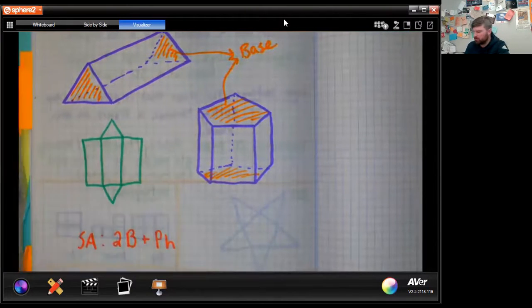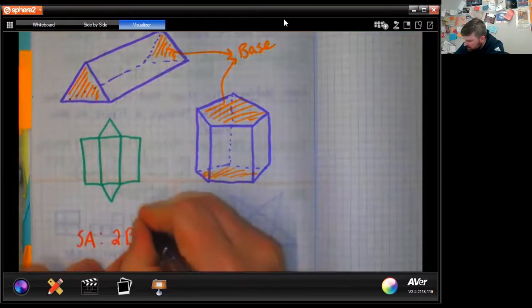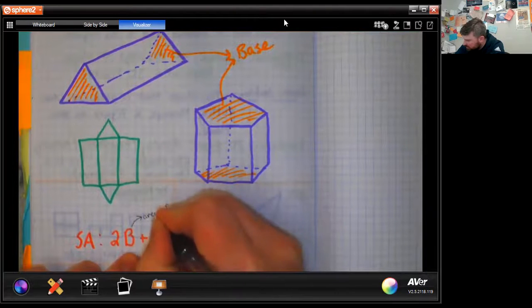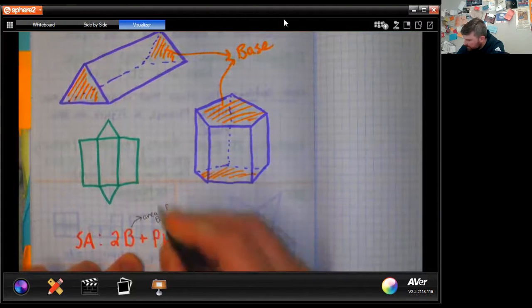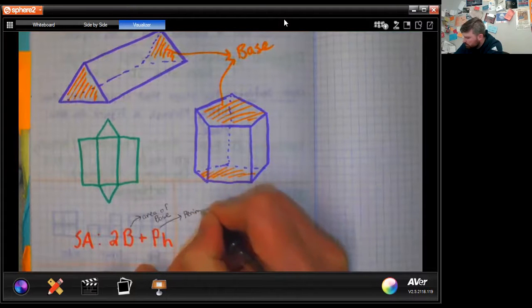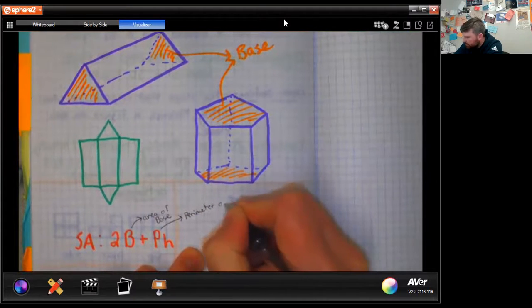This is area of base. This is perimeter of base.